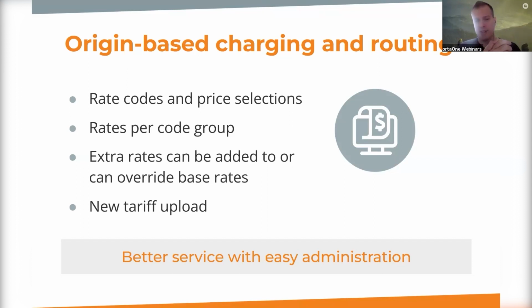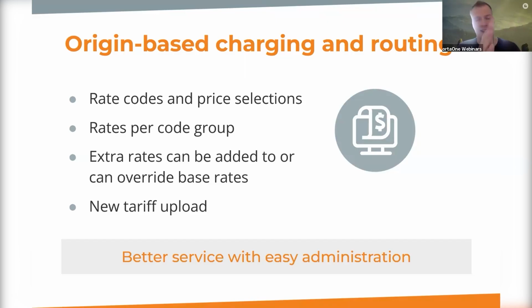One example would be interstate-intrastate rating in the United States when you have two prices depending on where the call originates, and which became pretty much obsolete in the United States. These days, it's mostly not used anymore.